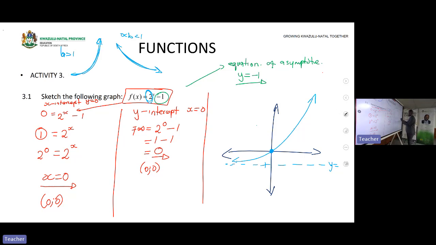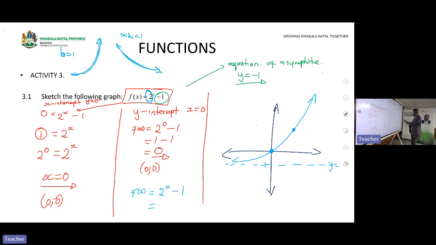But sometimes you may be required to have at least 2 points. In fact, it is advisable to have at least 2 points because our equation is given by f at x equals 2 to the power x minus 1. And our domain is not restricted.